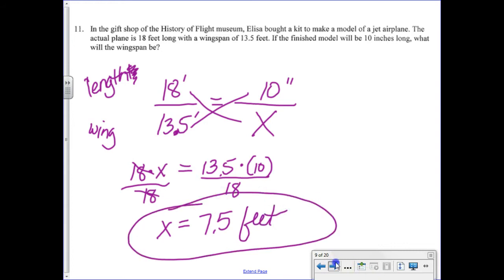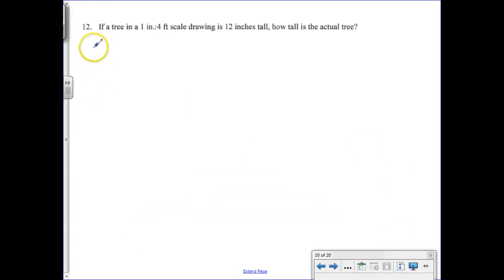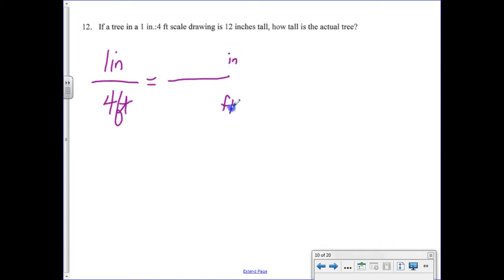There we go. Number 12, if a tree in a 1 inch to 4 foot scale drawing, stop right there, 1 inch to 4 feet is going to equal how many inches over how many feet. If the tree in that scale drawing is 12 inches tall, that goes on top. How tall is the actual tree? There you go.